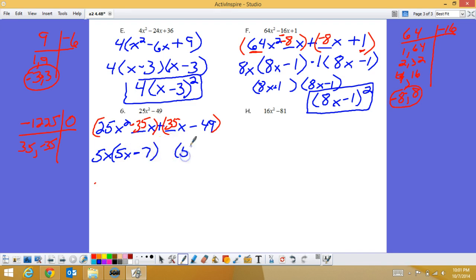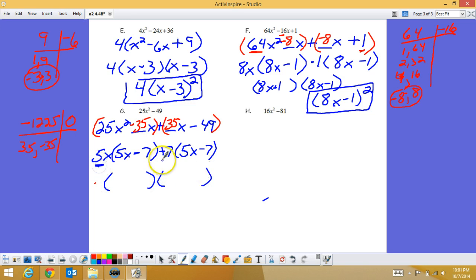So we want 5x minus 7 in the second set. Again, we want those two sets of parentheses to be the same. They need to be identical. So what do we multiply 5x by to end up with 35x? The answer is 7.